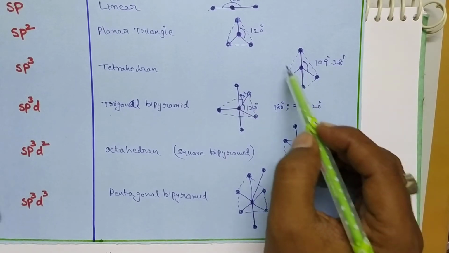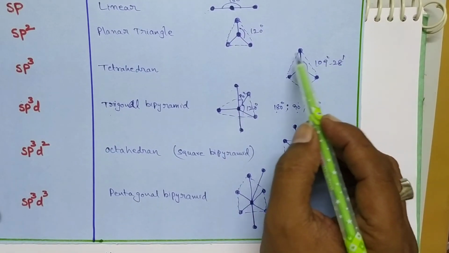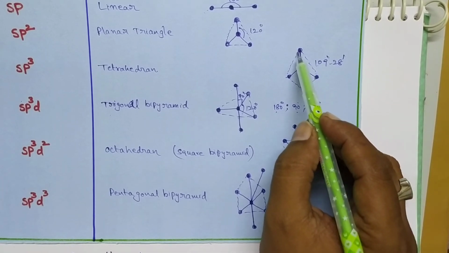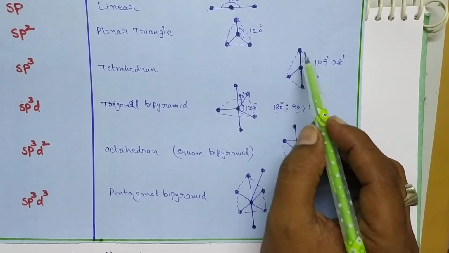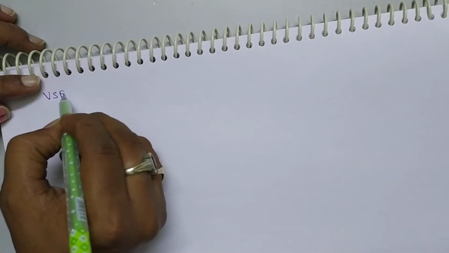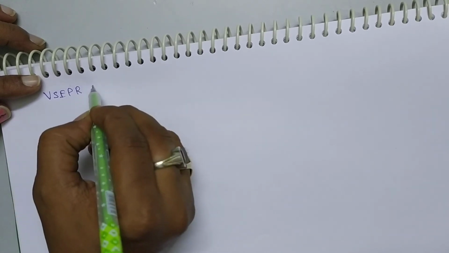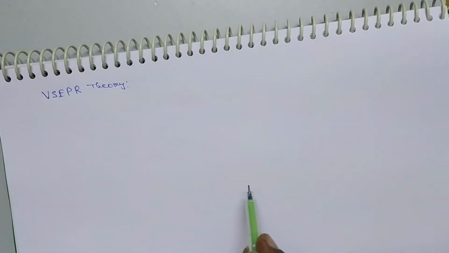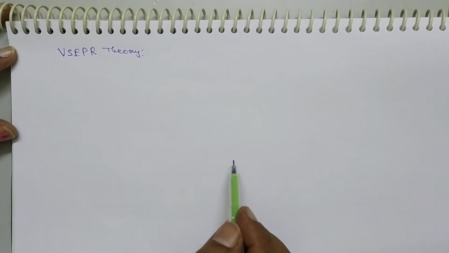That means if any one of the corners is occupied by a lone pair of electrons, if any one of the atoms is replaced by a lone pair of electrons, then the geometry will change. That is according to valence shell electron pair repulsion theory. According to this theory, the geometry of the molecule will deviate.